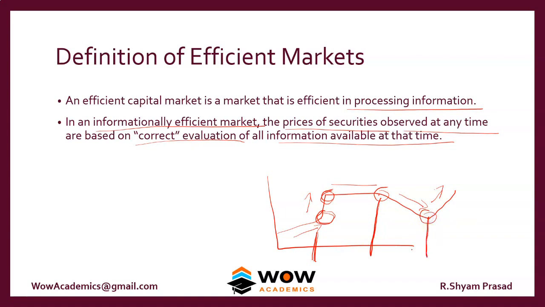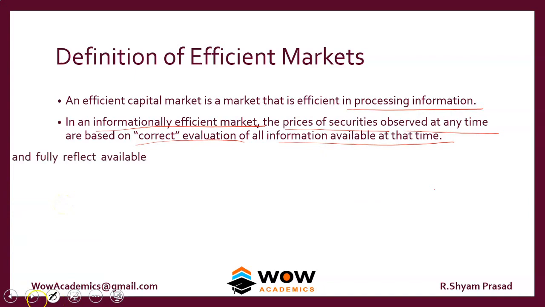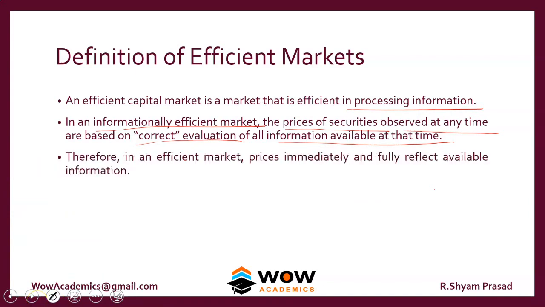So the price of any security is a reflection of the information. Therefore, in an efficient market, prices immediately and fully reflect the available information. That is the definition of efficient markets.